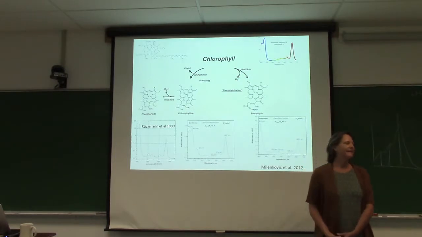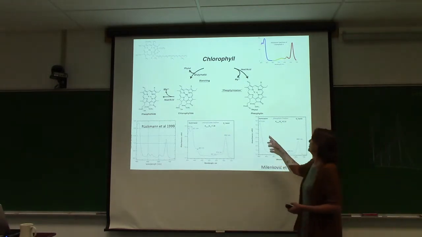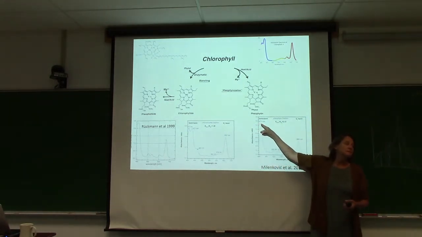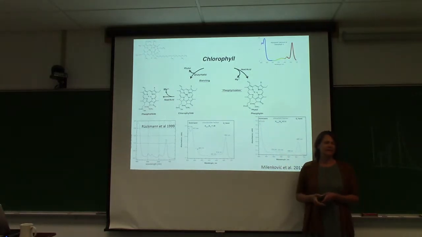Is this why also BioFloats measure at 412 nanometers? Is phaeophytin one of the reasons? Well, phaeophytin actually peaks bluer than chlorophyll does. I think they're measuring 412 for CDOM.